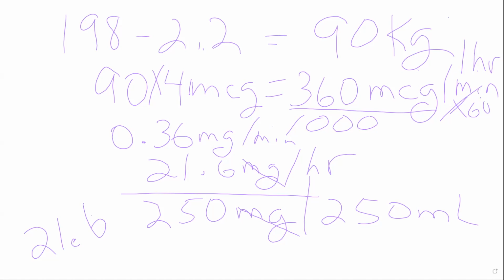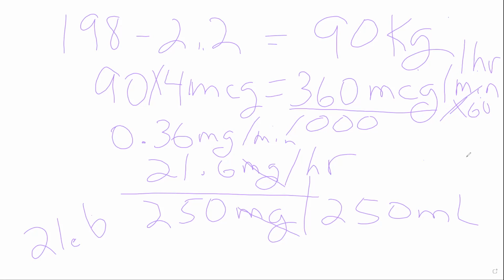Miss Sue, I got lost at multiplying to get rid of the minutes to turn them to hours. Okay. So let's go back up and just start. So we took the weight and multiplied it by our ordered dose. Our ordered dose was 4 micrograms per kilogram per minute.